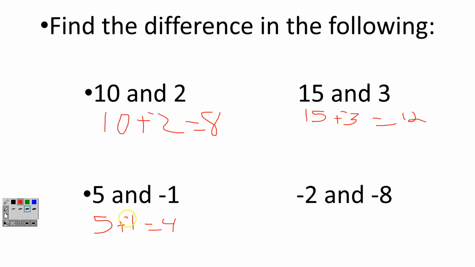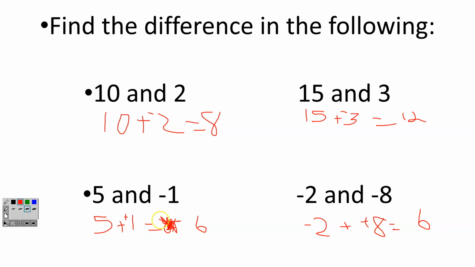So the opposite of a -1 is a +1. So now I have 5 plus a +1, which is 6. So now we're going to do that exact same thing right here. -2, difference means subtract. We're going to do a -8. Superpower, consequence. That's going to get you an answer of 6.